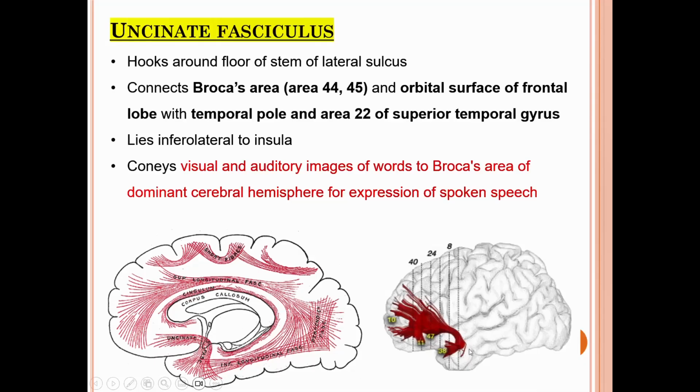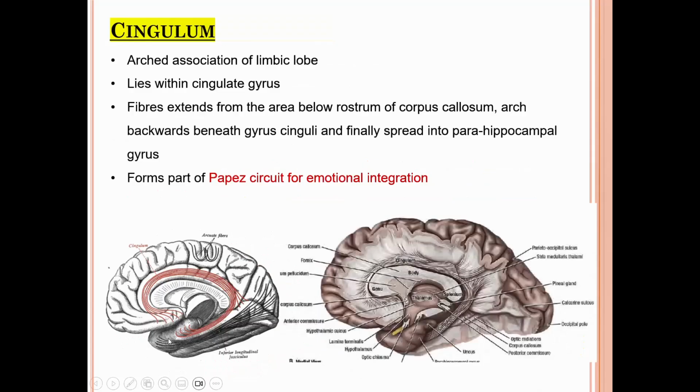They lie inferolateral to the insula. They convey visual and auditory images of words to Broca's area of the dominant cerebral hemisphere for expression of spoken speech. So these are the fibers of uncinate fasciculus.